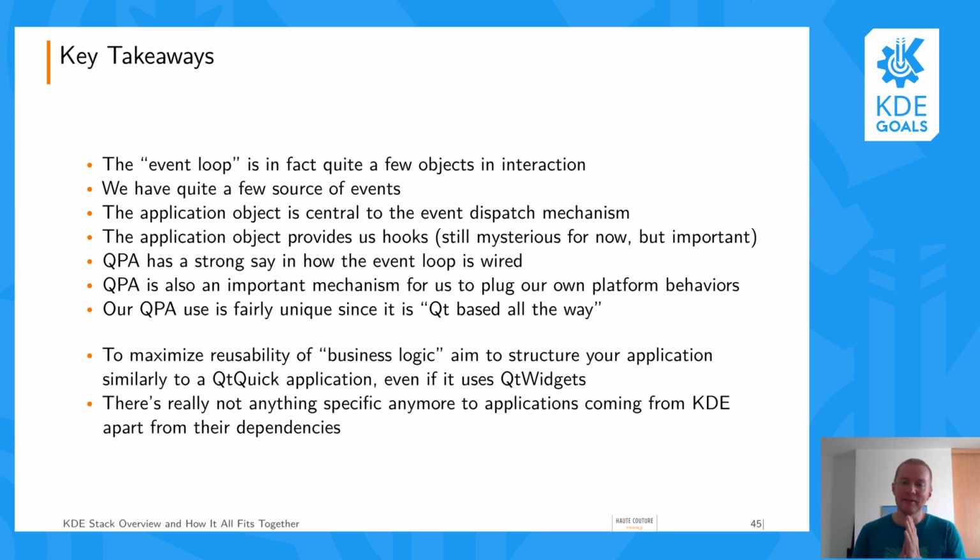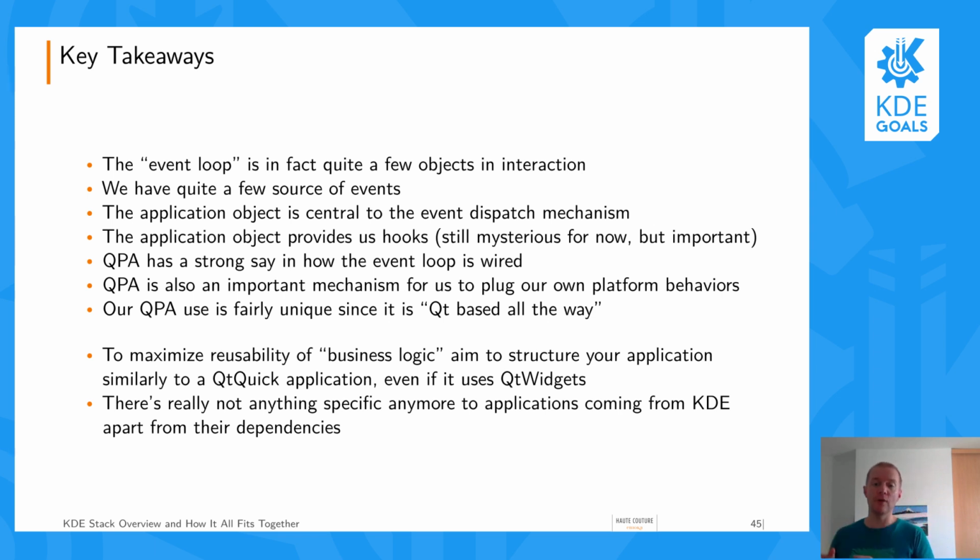All right, so key takeaways here. The event loop is in fact quite a few objects in interaction. You don't find a single object which would be the event loop, even though we find something which is named QEventLoop, that's actually more objects in interaction. We have quite a few sources of events that we don't necessarily expect. The application object is very central to the event dispatch mechanism.